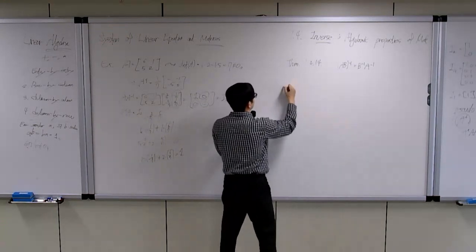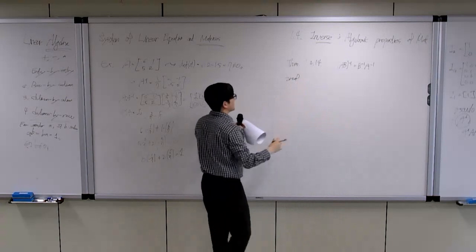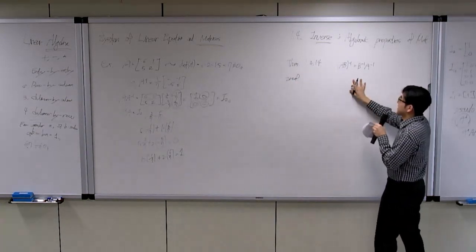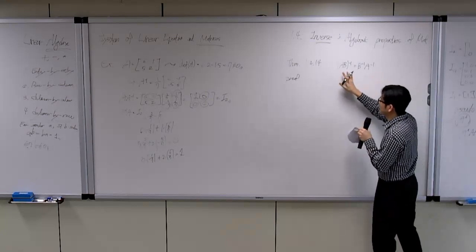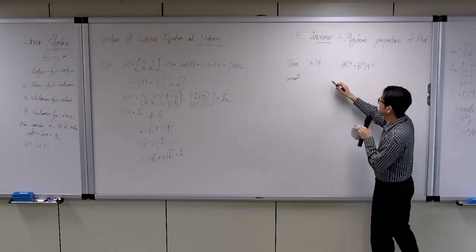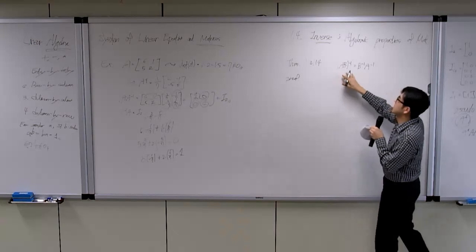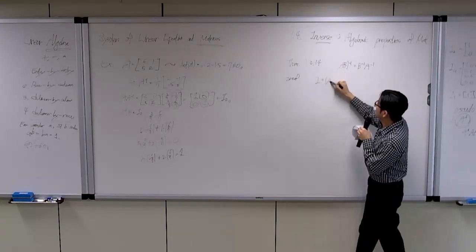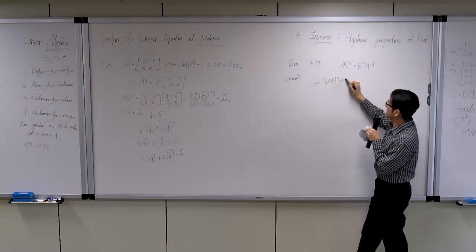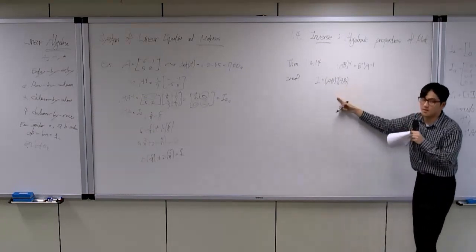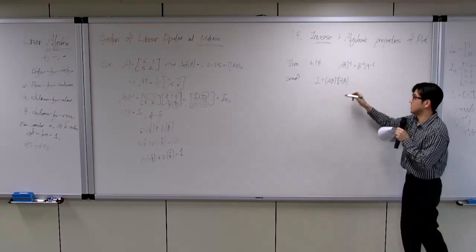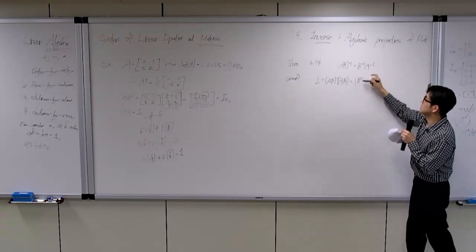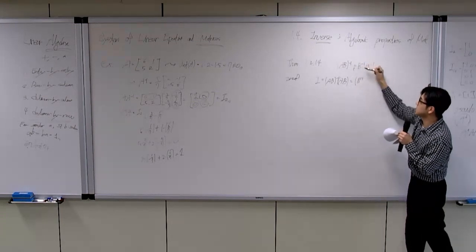I will prove this theorem. It is proved by calculating from this. AB inverse means that if we calculate AB, then it will be identity. From this, we will check if it is right.